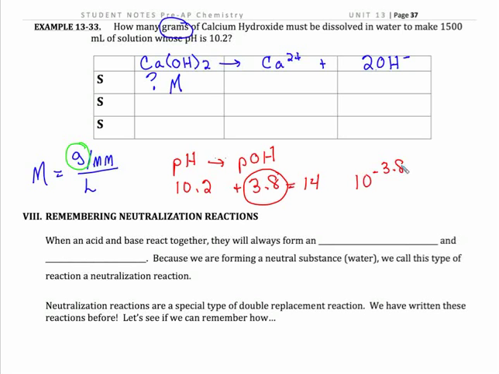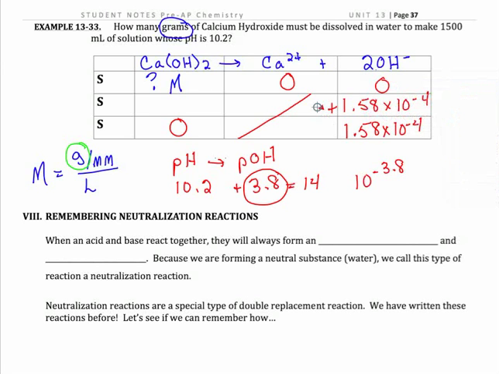Now, if my POH is that, I take 10 to the minus 3.8, and I get 1.58 times 10 to the minus 4th molar. So now I'm going to go backwards. It doesn't ask me anything about the calcium ion, so I'm not going to worry about that so much. If I started at 0, that means the shift must have been plus this number.